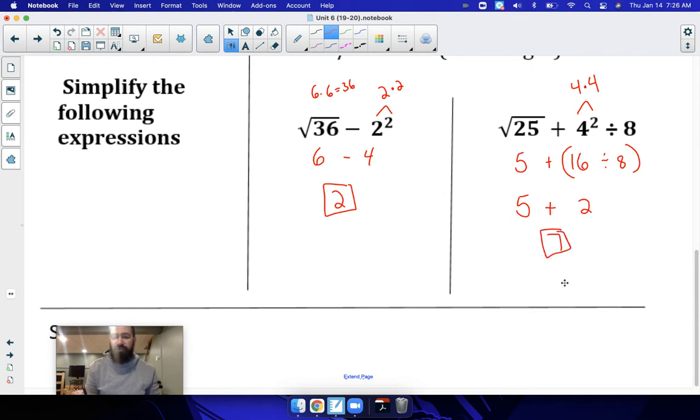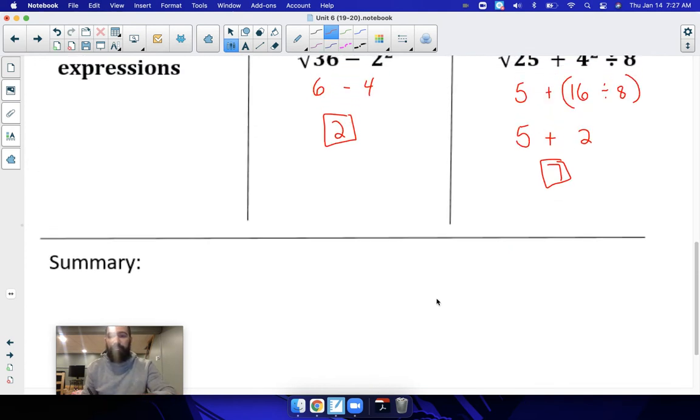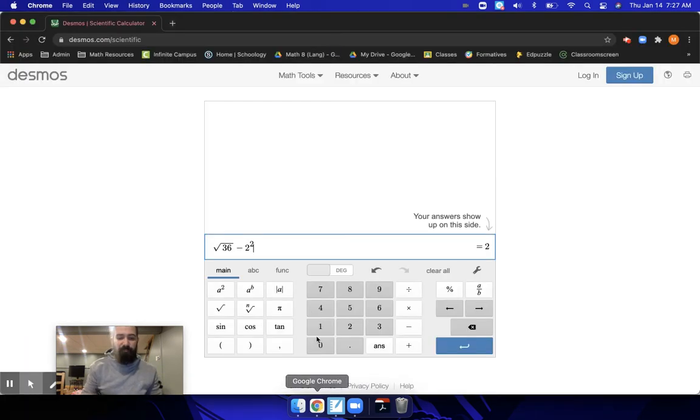Let's check to see if that is the right answer. Okay. 5 plus 2 is 7. Let's check our calculator. Square root of 25 outside my radical plus 4 squared divided by, let's go back one.